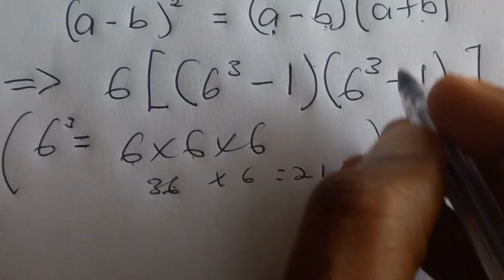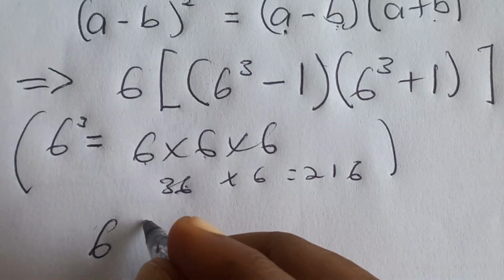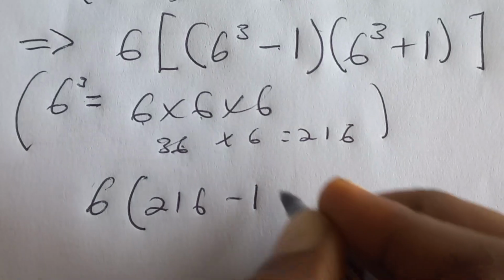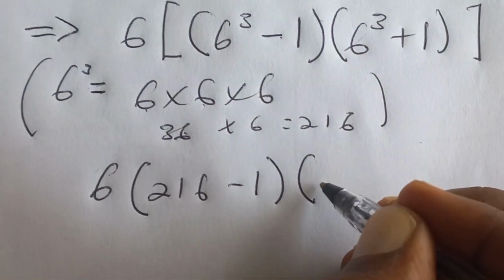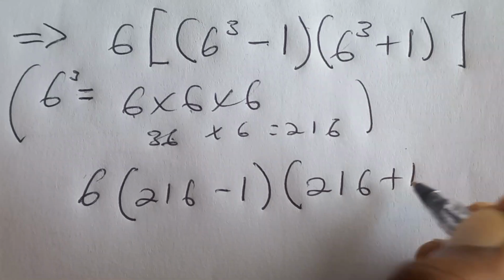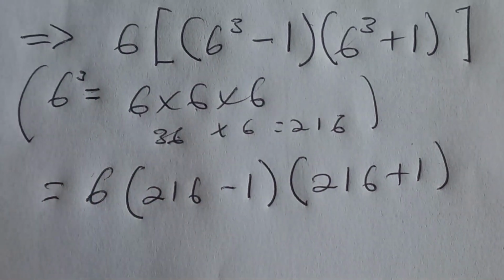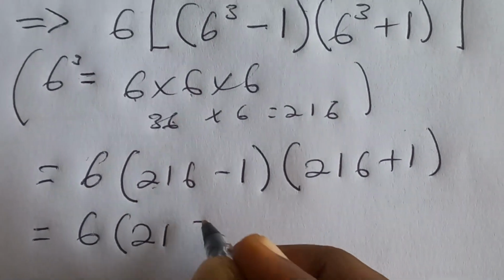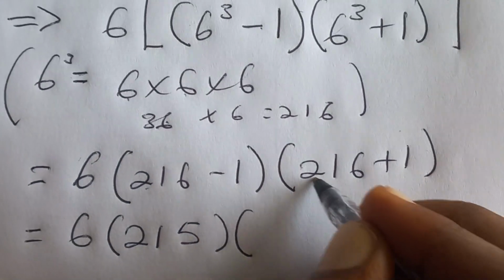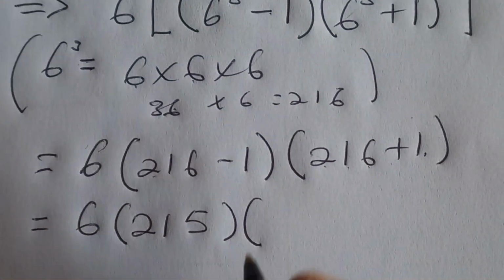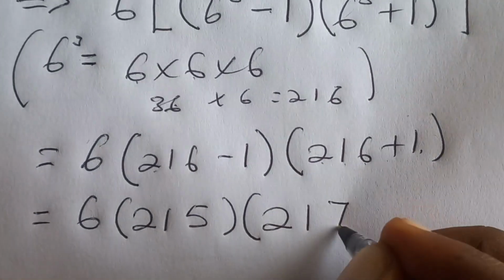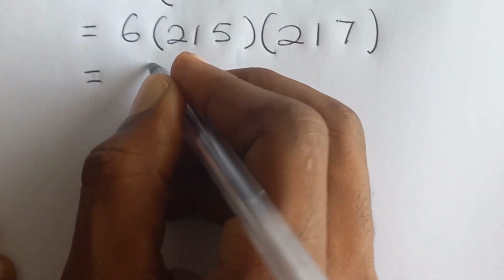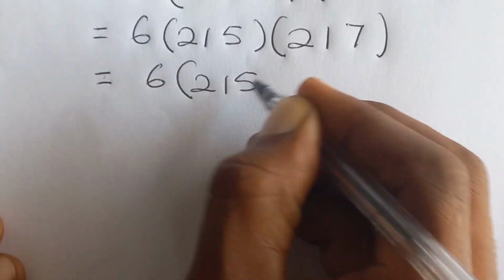So we will write this as 6 into bracket 216 minus 1, bracket close, then 216 plus 1, bracket close. Which is equal to 6 into bracket, this one gives us 215, then 216 plus 1, which is 217.